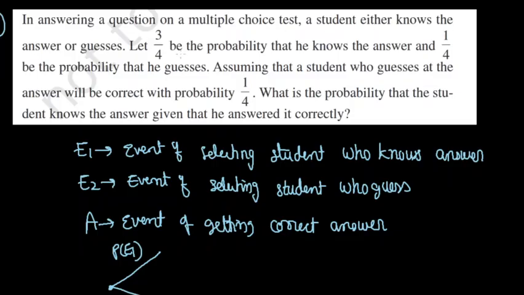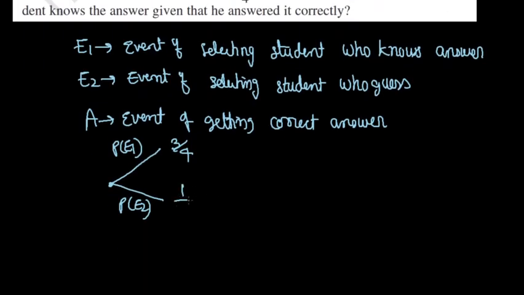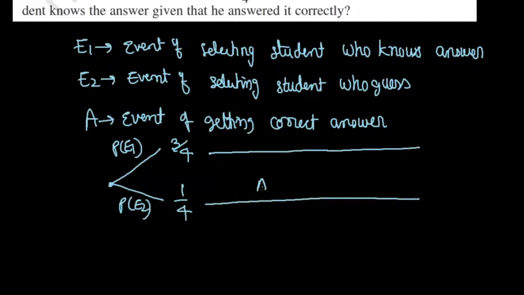So 3 by 4 is the probability that he knows the answer, and 1 by 4 is the probability that he guesses the answer. Now A is the event of getting the correct answer.